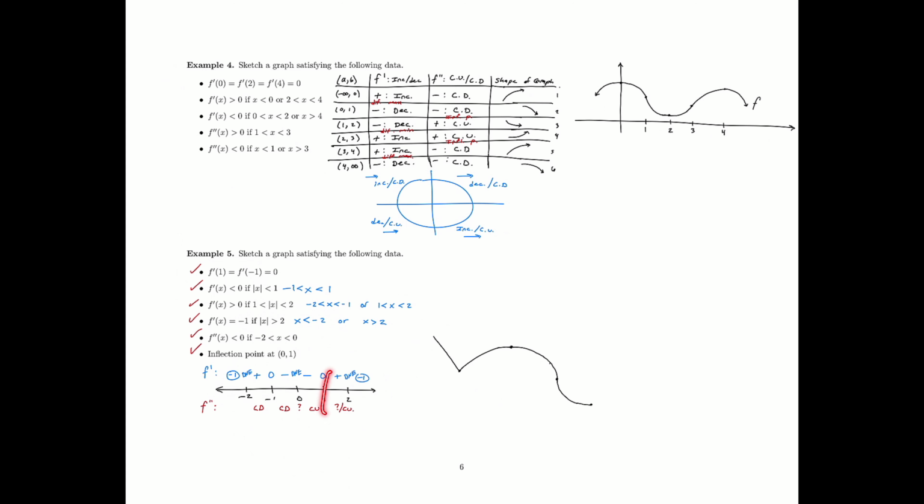So now we have to increase, and it doesn't say anything. It does say the derivative exists here and is equal to 0. So if we're going to increase, there's only two ways we can increase.